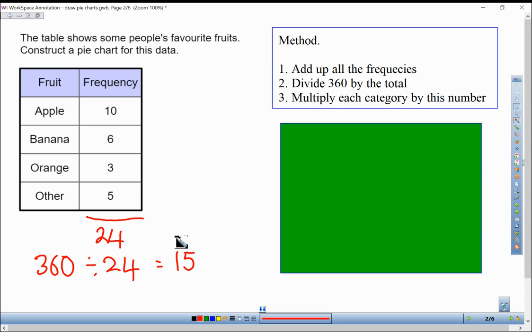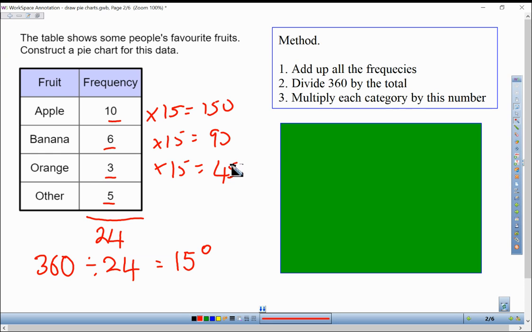So each one of these is worth 15. So we multiply up. 10 times 15 is 150, 6 times 15 is 90, 3 times 15 is 45, 5 times 15 is 75.